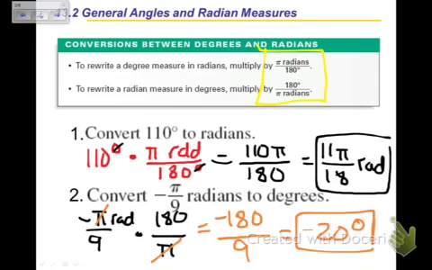These are all equal. This is just a conversion here. 180 over pi is just a conversion, as they are the same. Okay, so from going degrees to radians, multiply by pi over 180. Radians to degrees, multiply by 180 over pi.